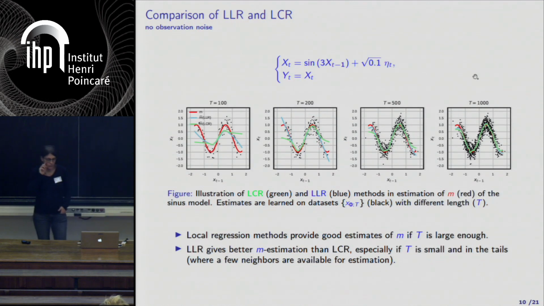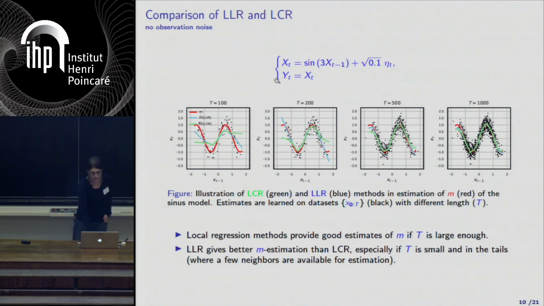It leads to such results for the sinus model. The different plots correspond to different lengths of the learning time series. On the first plot, we have only 100 observations, and on the last plot, we have 1,000 observations.